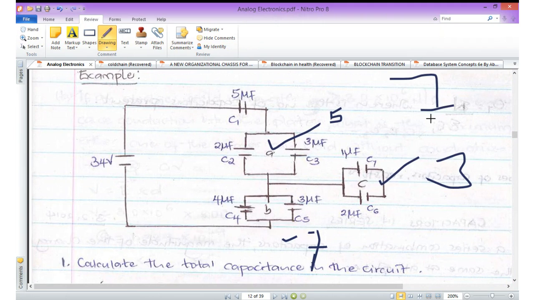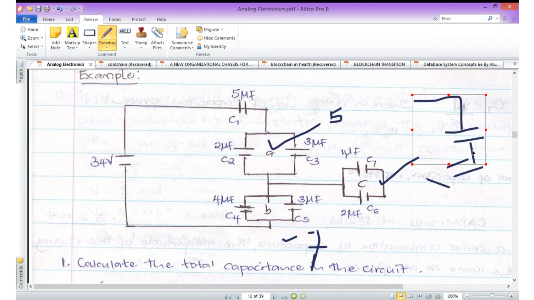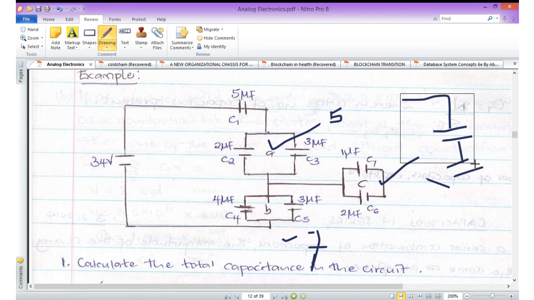We'll have circuit A there with capacitors 3 and 2, then capacitors 3 and 4 under circuit B here, but in between here, we'll have circuit C with capacitors 6 and 7.